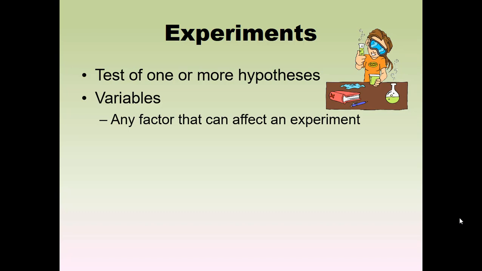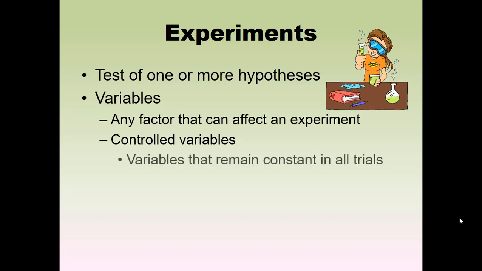And these may be factors that we're familiar with. These may be factors that we are unfamiliar with. So one type of variable is called a controlled variable. So these are variables that remain constant throughout all of our trials.